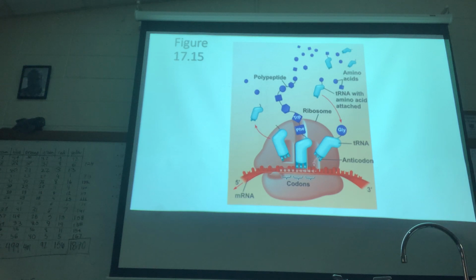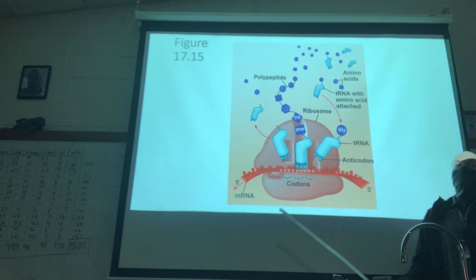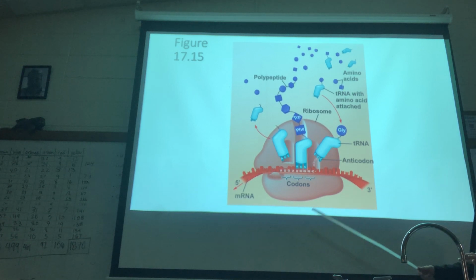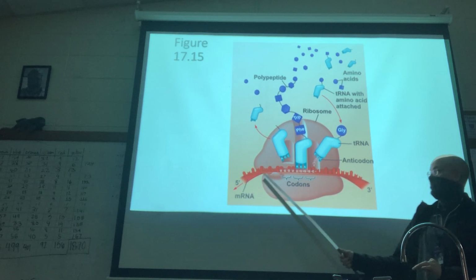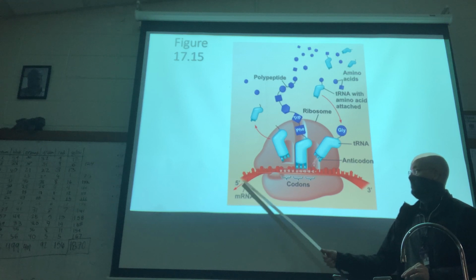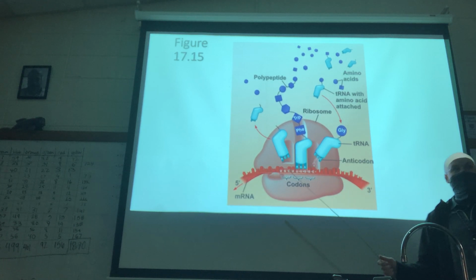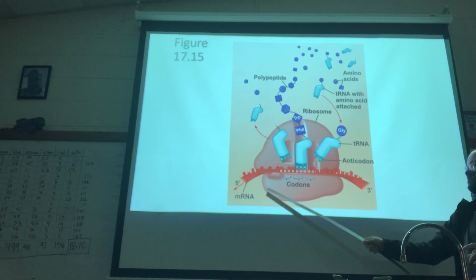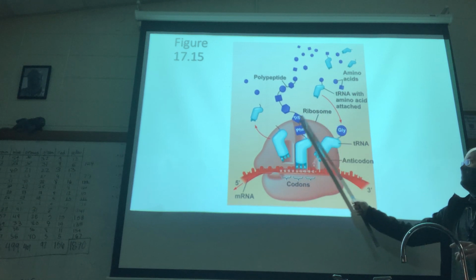So right here, you see a pretty comprehensive picture of translation. We've already written out our mRNA molecule, written out our message here. You can see this is the mRNA, and it is in a ribosome, which is this weird kind of glob right here.